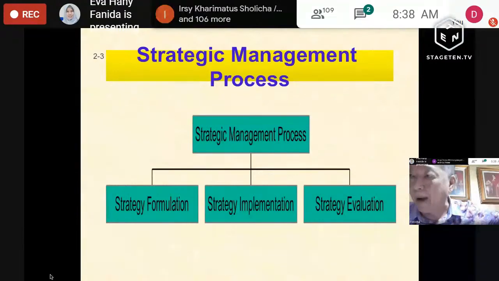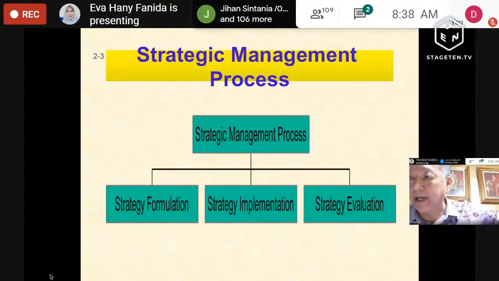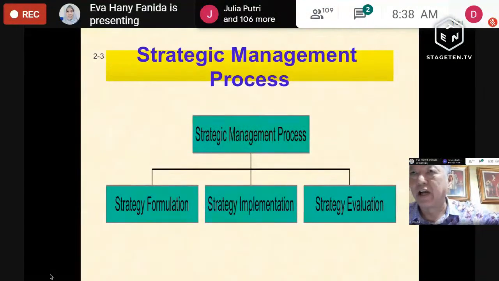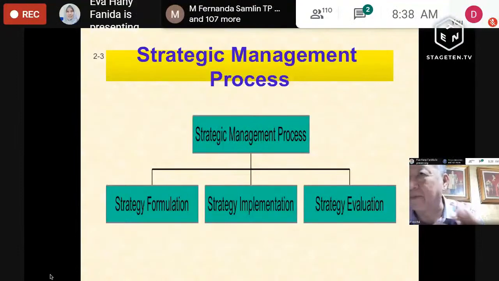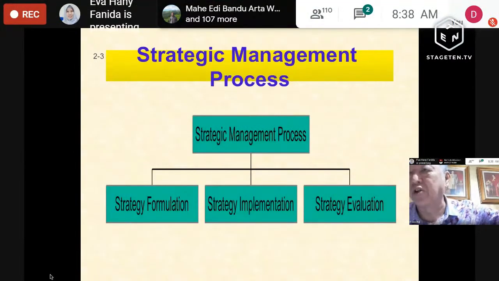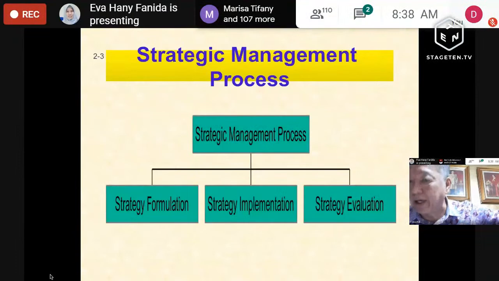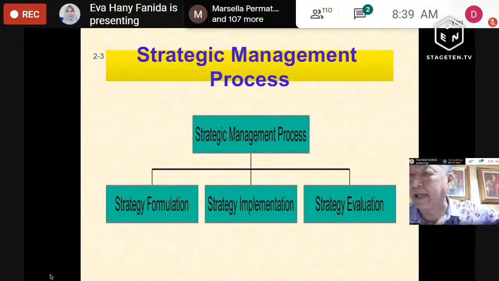When we talk about public policy, usually they comprise 3 major processes. For example, public policy formulation, policy implementation, and policy evaluation. Okay, so when we talk about strategic management, we also talk broadly about 3 steps like this: strategy formulation, strategy implementation, and strategy evaluation.